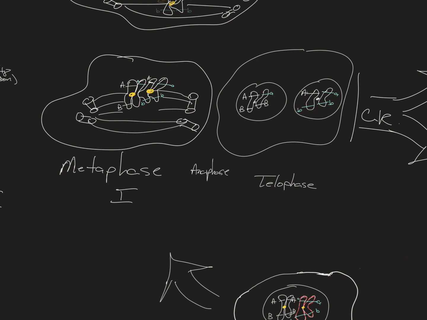The only difference is that in anaphase 1, the homologs separate. The tetrad separates, not the sister chromatids.